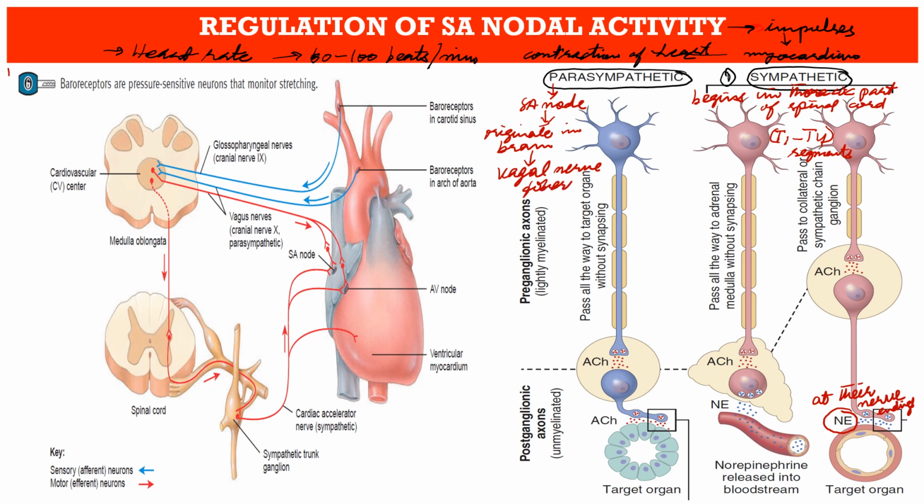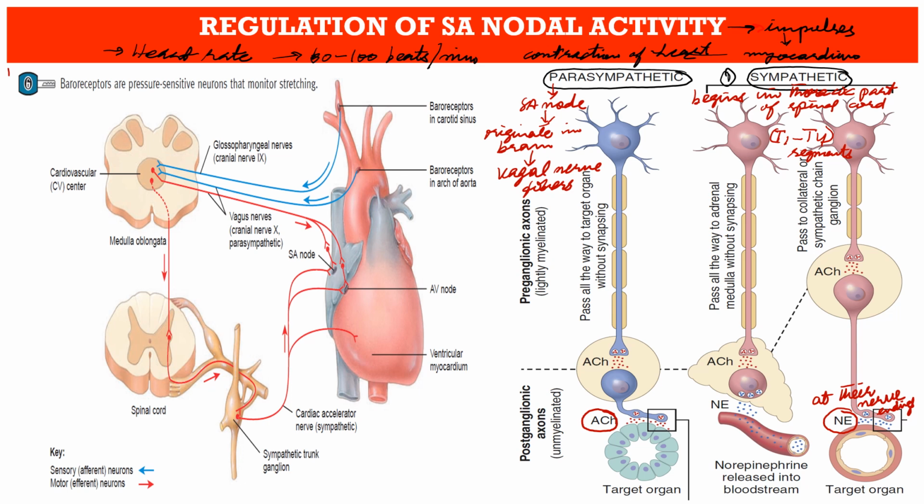That is the 10th cranial nerve, and along the vagal nerve fibers, at their endings, these nerve fibers release acetylcholine as a neurotransmitter.